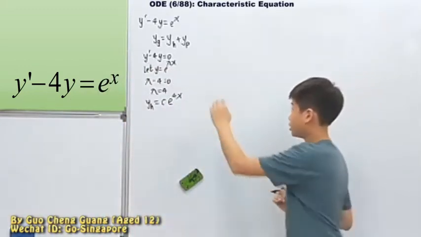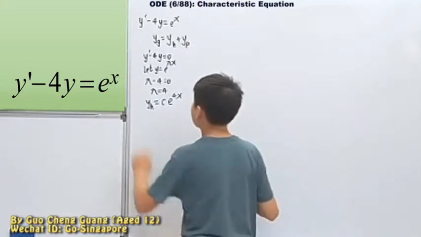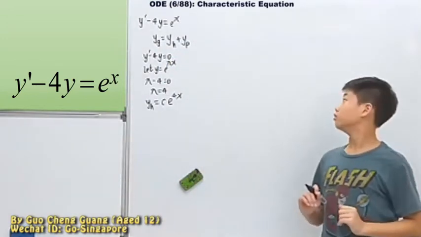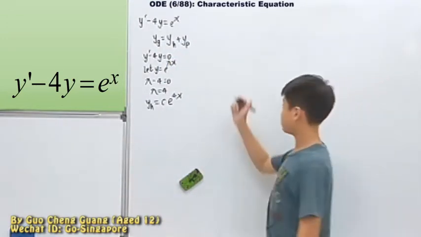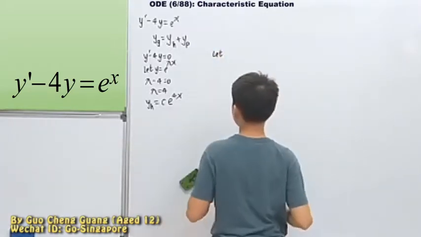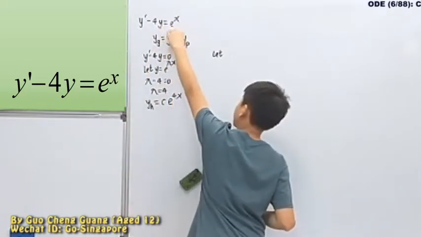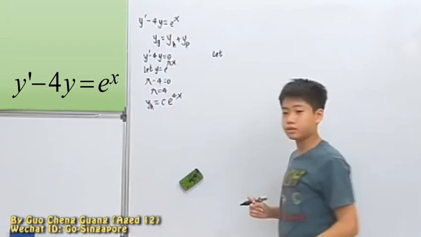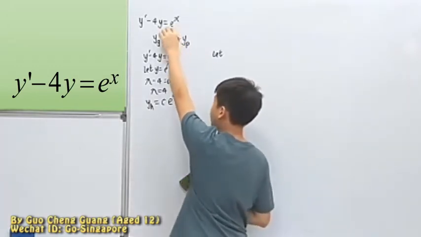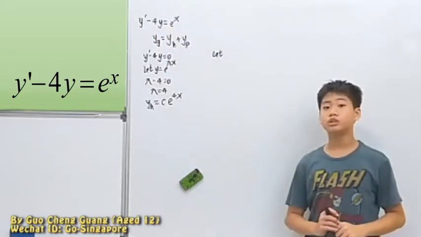In the next part, yp. Yp will just use the original equation, but still we'll make a substitution. So what do we let? Right now, for the past few lessons, it has been on algebraic, but this right now is in exponential. So how can we get this exponential?